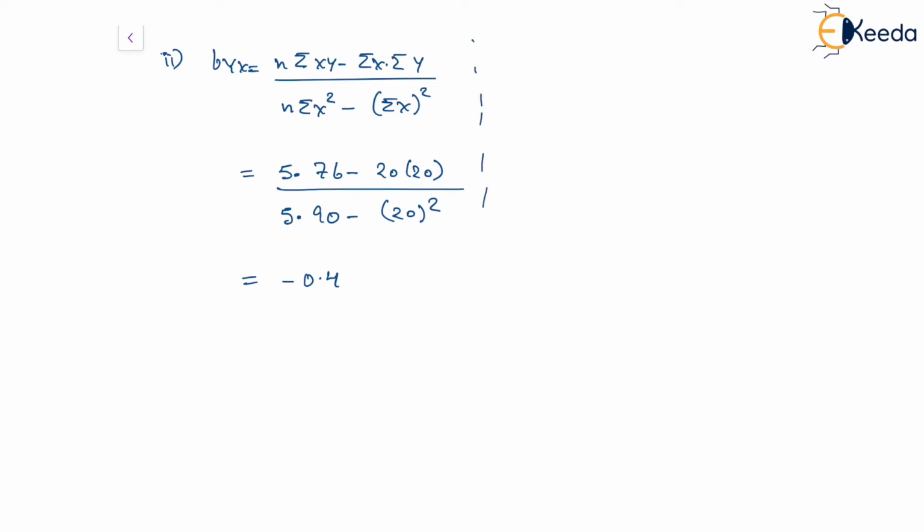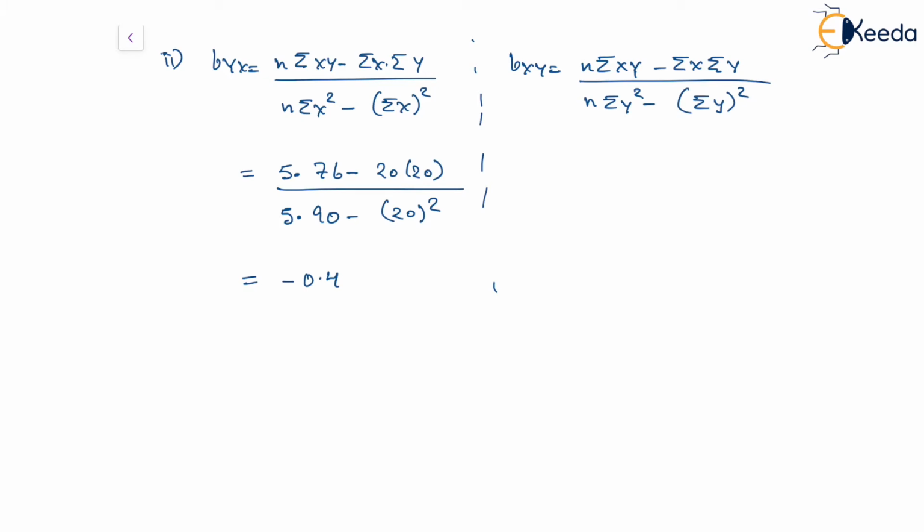Now similarly, we may find bxy, which is given by n times summation of xy minus the product of summation of x with summation of y, divided by n times summation of y square minus square of summation of y.